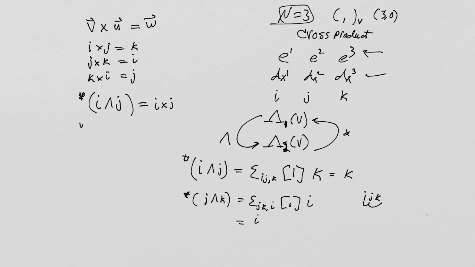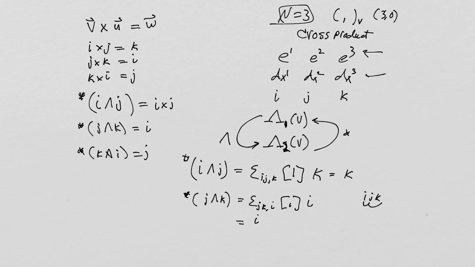So the Hodge dual of j wedge k equals i. So this is the cross product. Obviously, the Hodge dual of k wedge i is going to be j. So this is how you define mathematically, in a very sensible way, the cross product.